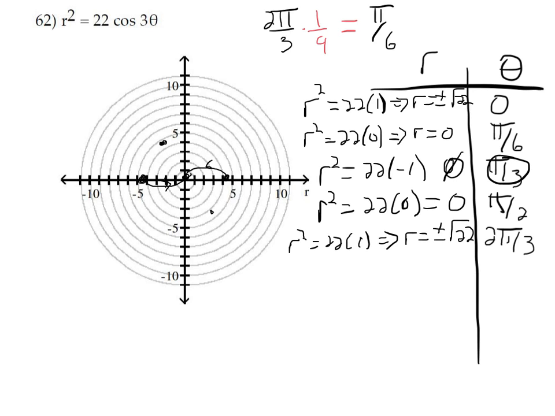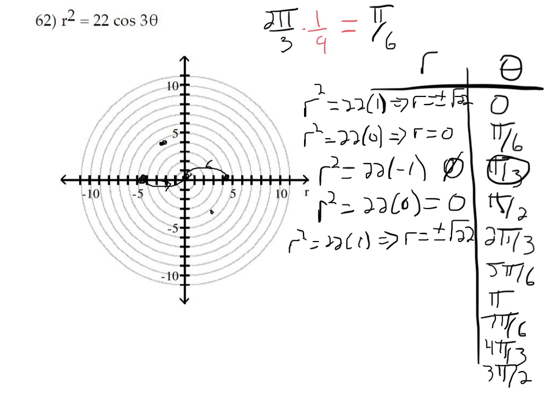So we're going to need some more increments of our pi 6: 2 pi thirds, 4 pi 6, 5 pi 6, 6 pi 6 is pi, 7 pi 6, 8 pi 6 is 4 pi thirds, 9 pi 6 is 3 pi halves.